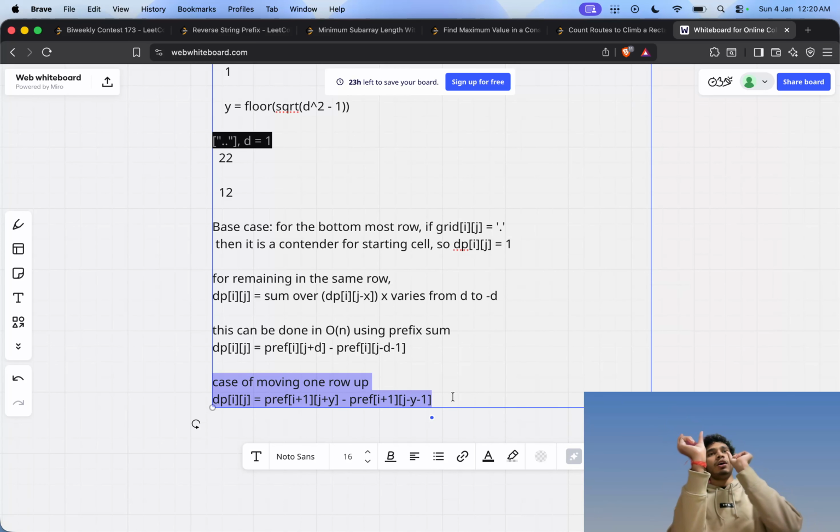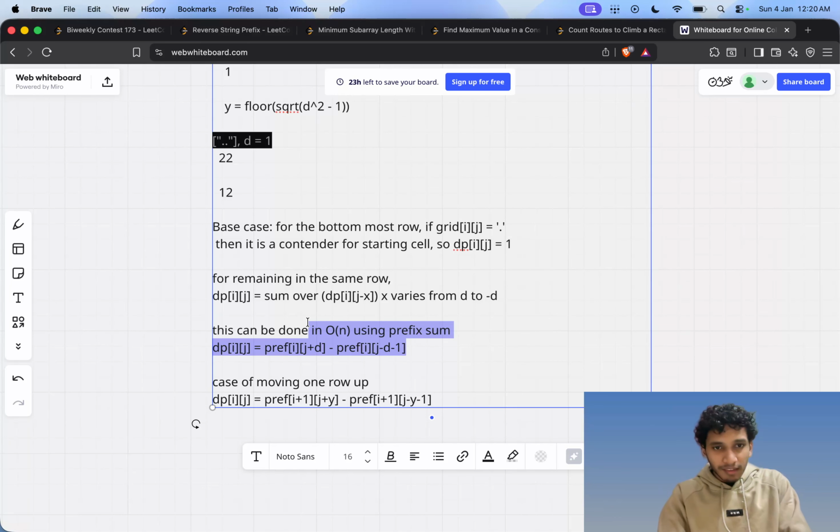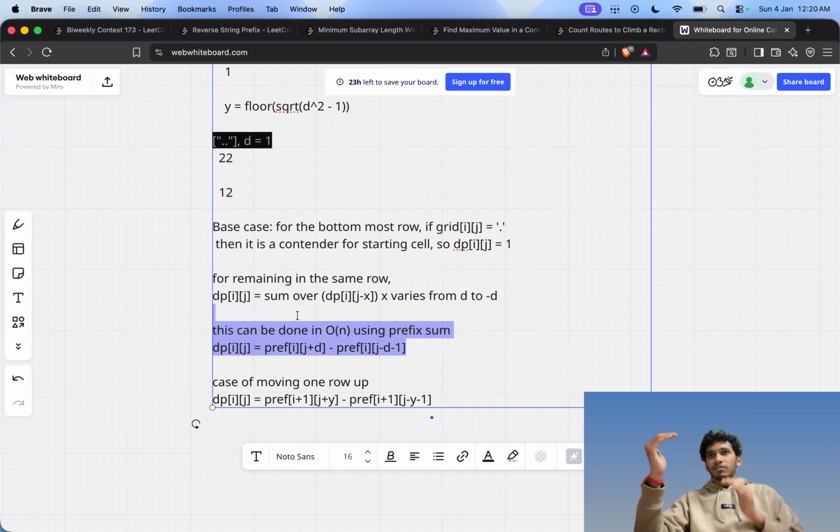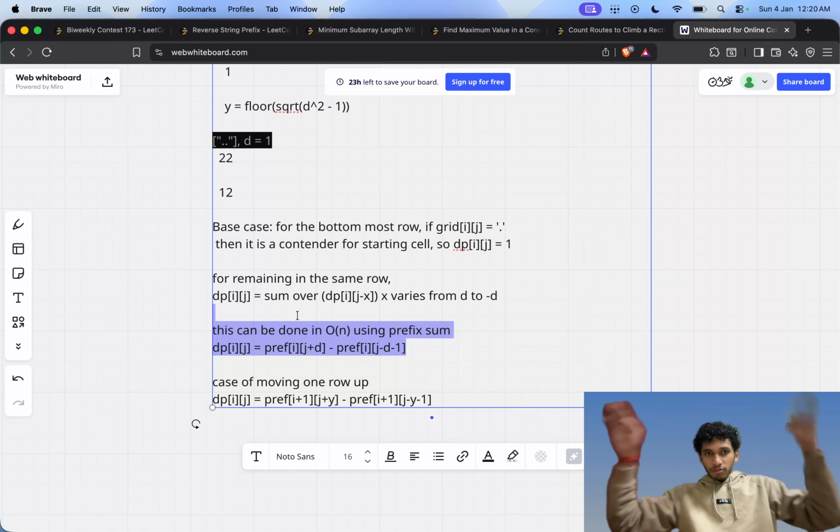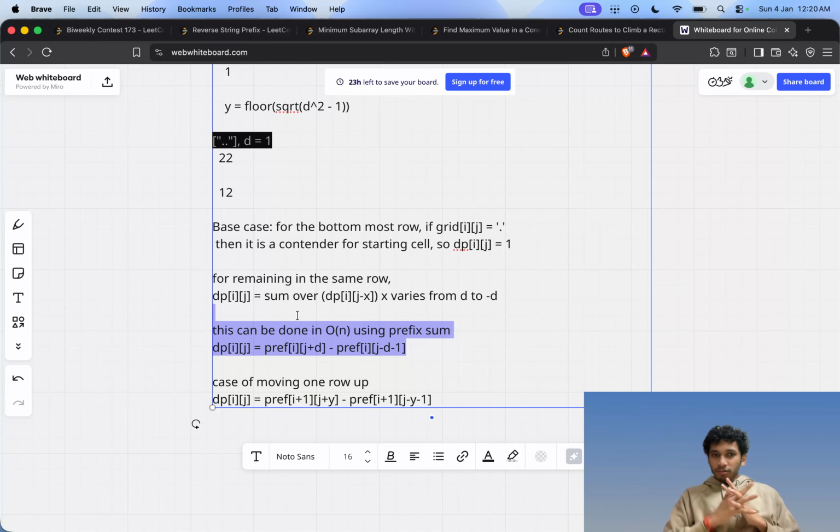Now if we are on this row, for the first time we can again move to the same row, so apply this recurrence again. After this we have remained in this row and we have come to this row, so both those conditions are over. We cannot remain in this row any longer, so move one row above and process that row. Like this, keep processing all the rows until we reach the topmost row.